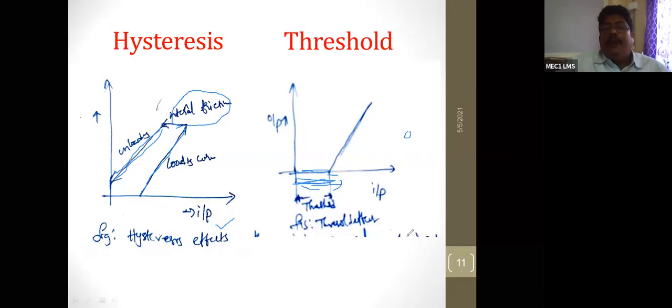See here in this graph, if you observe clearly, for some particular input there is no output we are getting. That means some period there is no response from the system. That we can call it as a dead zone.